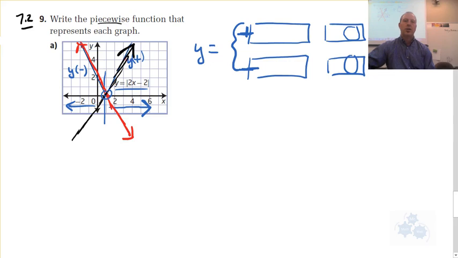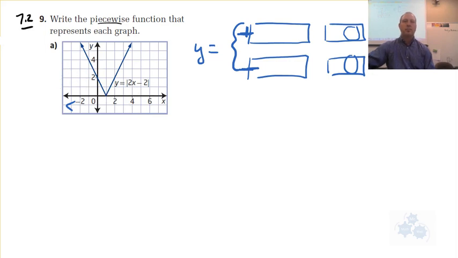They actually give you the equation here, which is pretty nice of them. So we would have the regular positive version of this, 2x minus 2, where x is greater than what? This x-intercept appears to be positive 1.